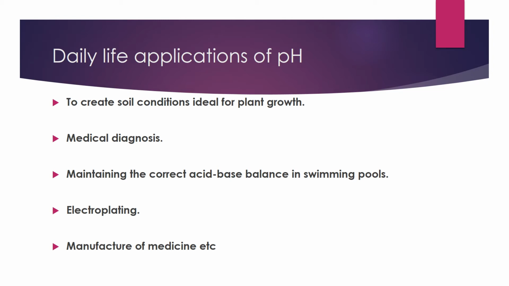It will cause eye irritation. So to stop this eye irritation, the pH of the swimming pool is kept in a particular range. In electroplating, pH has its application, and in the same way in the manufacture of medicine, pH is very helpful for biochemists.